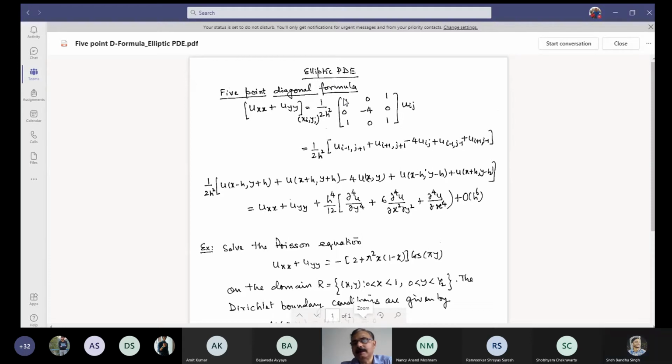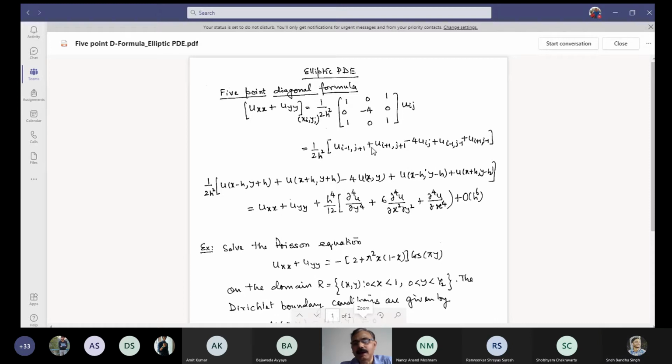And then this will be i plus 1, j minus 1. This will be your i plus 1 but j minus 1, bottom one, left side. Right?